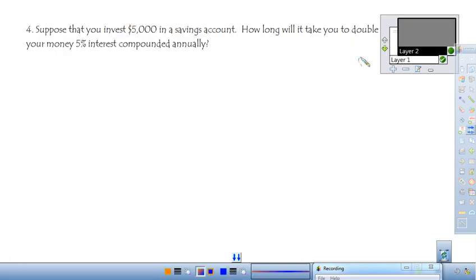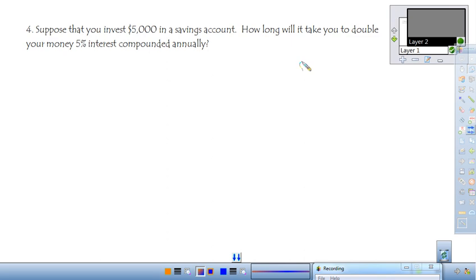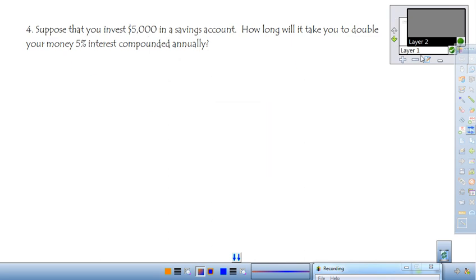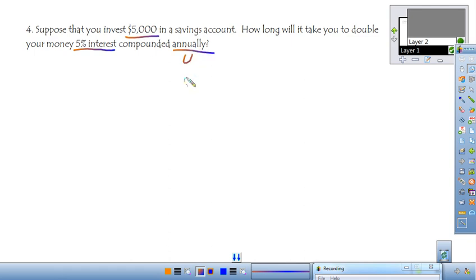Alright, last one. Nice and quick. Suppose that you invest $5,000 in a savings account. How long will it take you to double your money? 5% interest compounded annually. Remember, annually means yearly. Interest means you're adding 5% to your 100%.